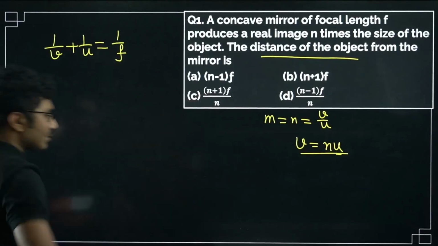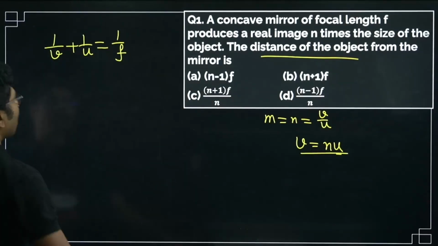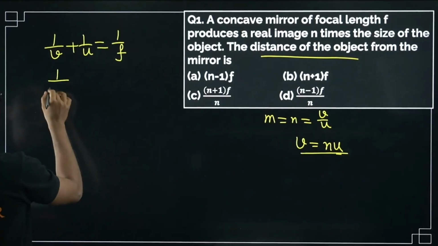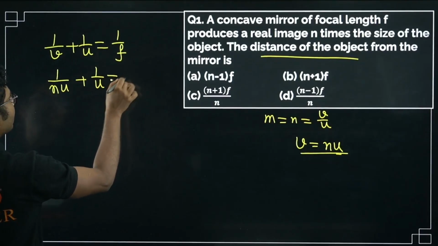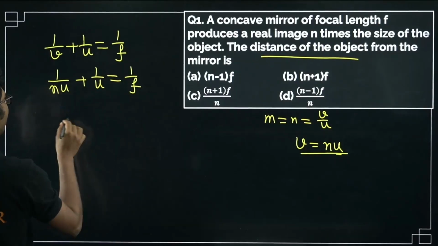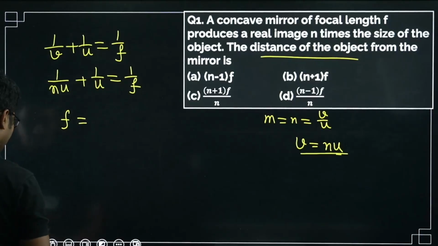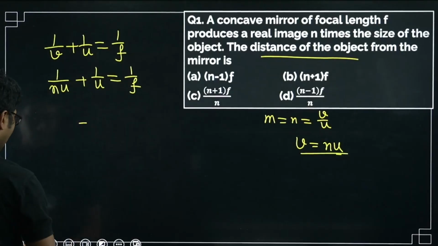Now in the case of a concave mirror with a real image, everything is negative, so we are not considering any sign. Signs will be cancelled anyway. Now v is nu, so 1 by nu plus 1 upon u equals 1 by f. We are trying to find u, right? So let's take 1 by u common.